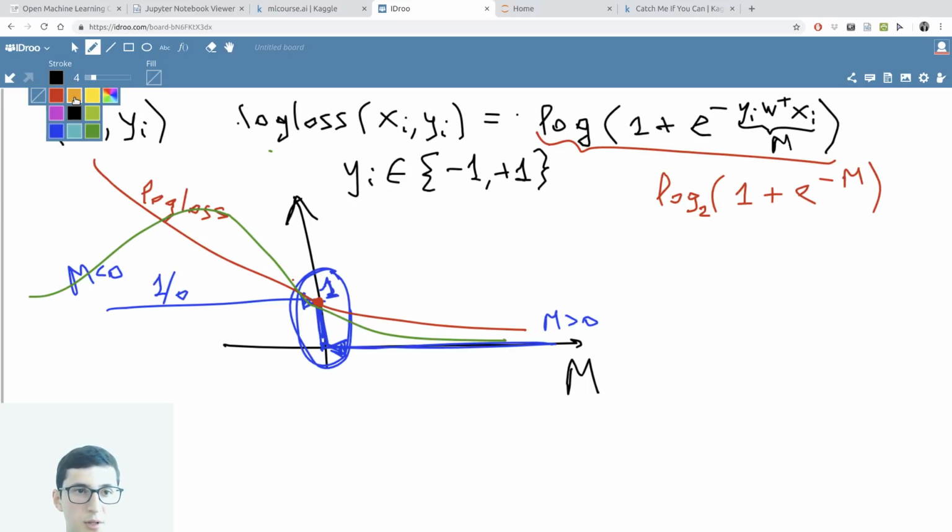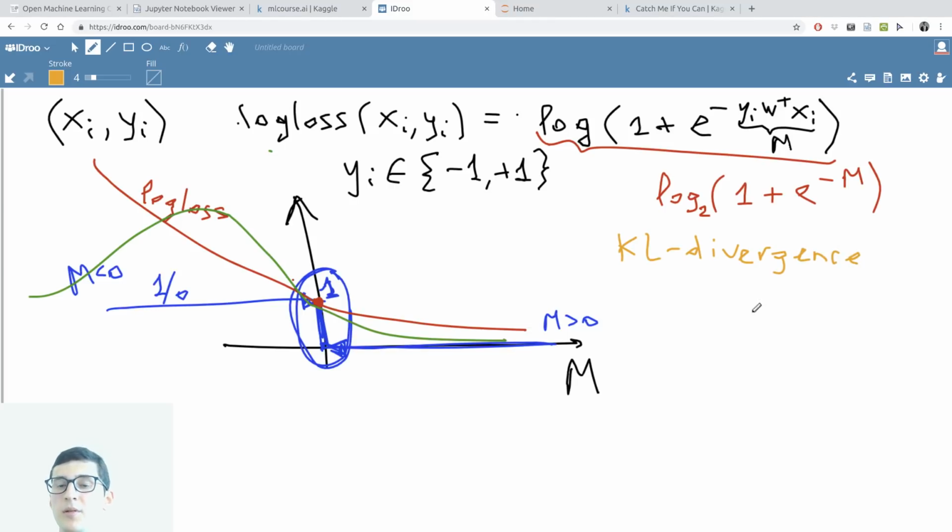For those interested, I would really encourage you to dive deeper into theoretical foundations. This logistic loss is a special case of cross-entropy loss, and it's derived from KL divergence between the real data and the modeled probabilities. I'm not actually delving into this.